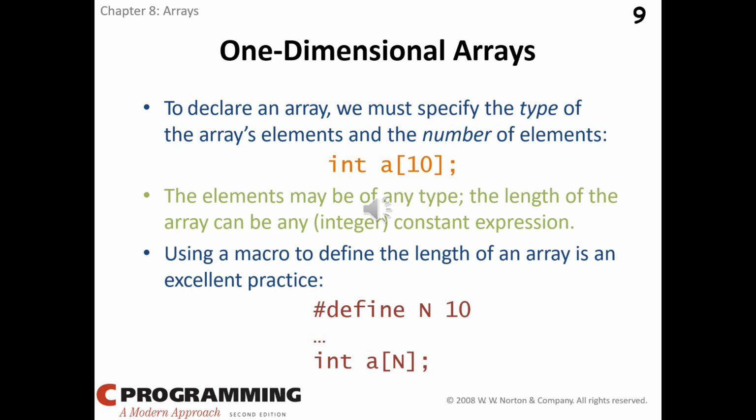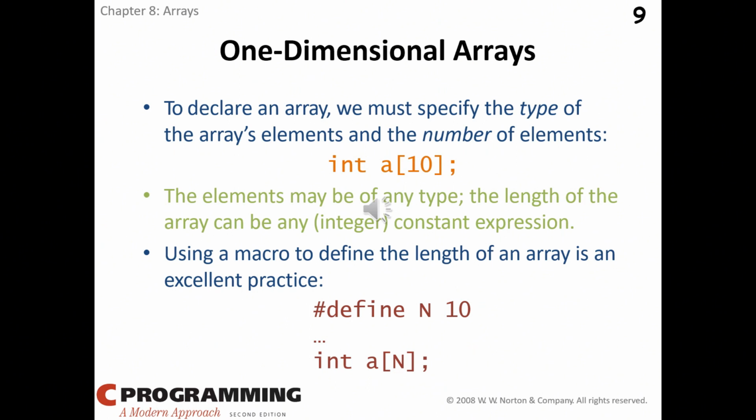It's like telling the computer whether we are using regular Legos or special shaped ones, and then we tell it how many elements or pieces our array will have. It's like saying we need 10 regular Legos to build our tower. So for example, if we want an array named A that can hold 10 integers, we declare it like this: int A[10]. It's like saying, hey computer, get ready to hold 10 integers in array A.